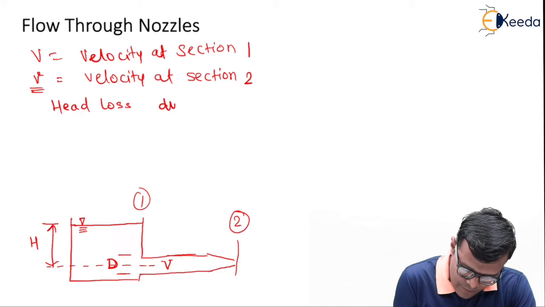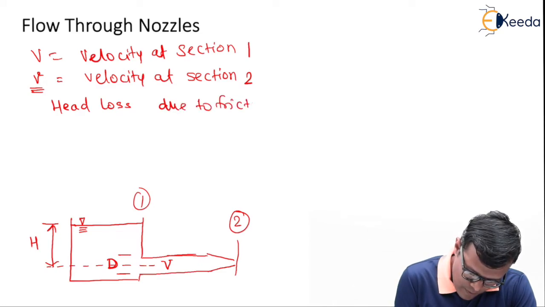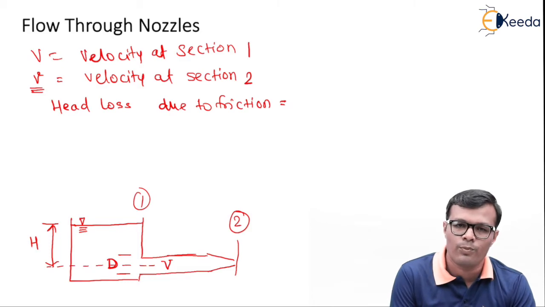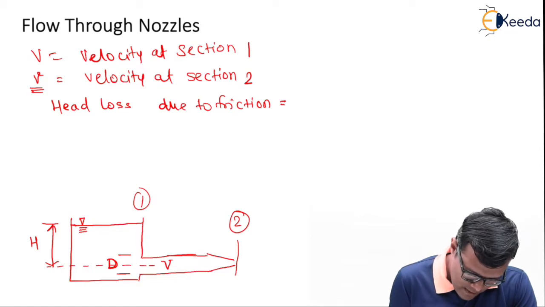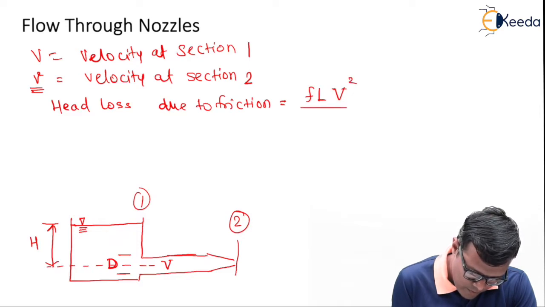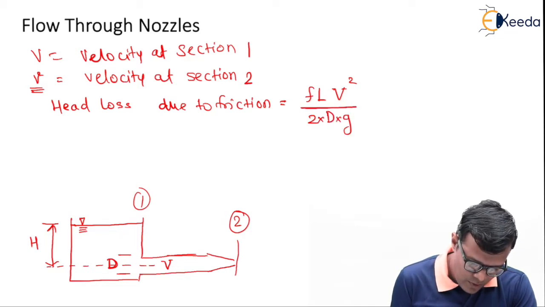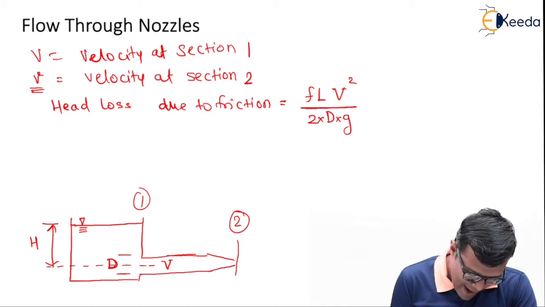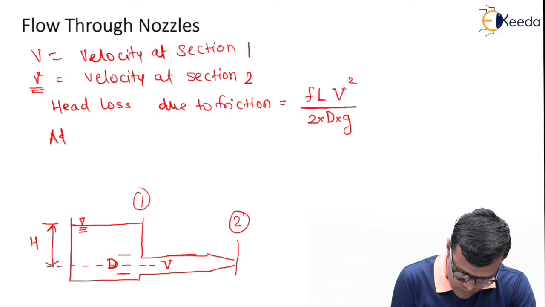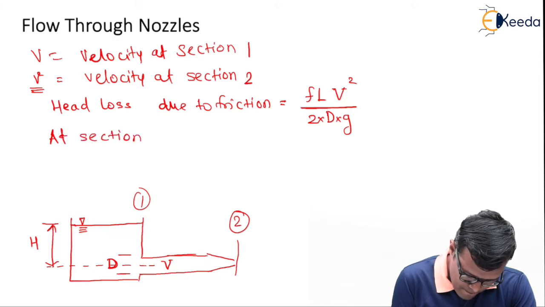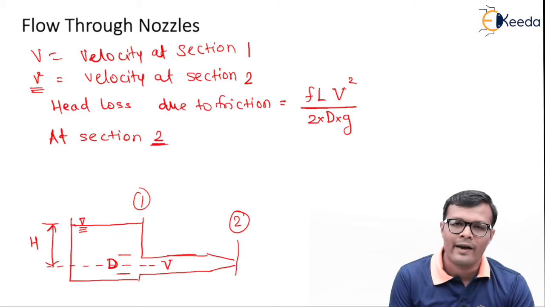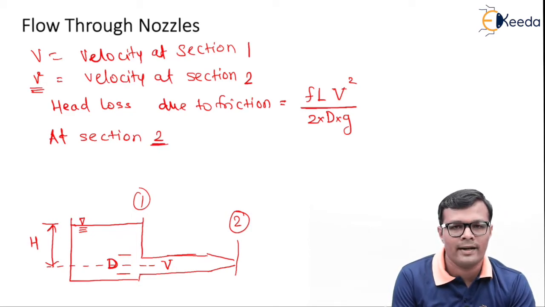So we will start with head loss due to friction. We all know through the pipe section the velocity is capital V. So head loss is FL V square upon 2 into dia capital D into G. So at the nozzle at section 2, we will have total head equal to initial head minus head loss.